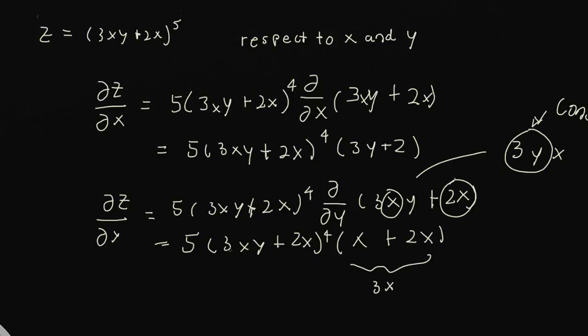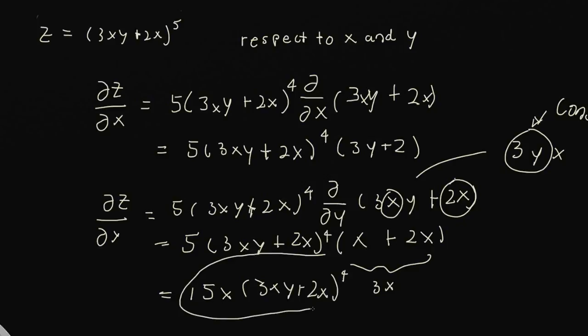And then 3x times 5 will give us 15x. And this is our answer for the partial derivative when we hold x fixed with respect to y.